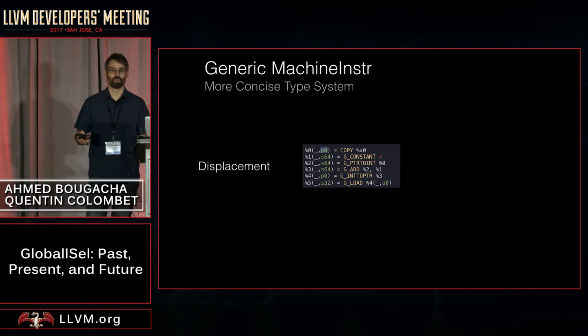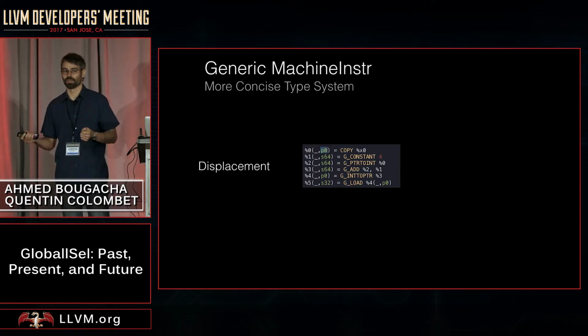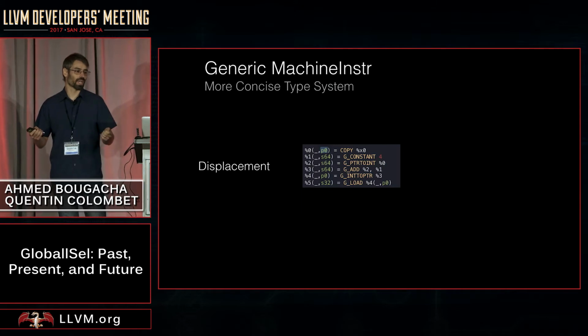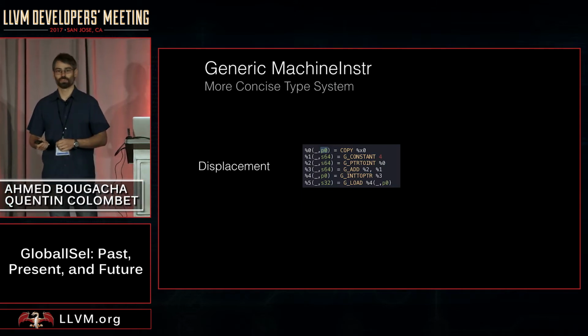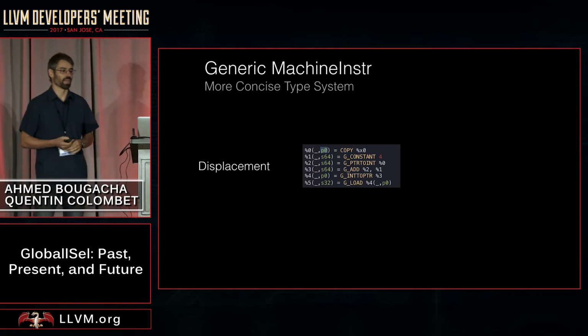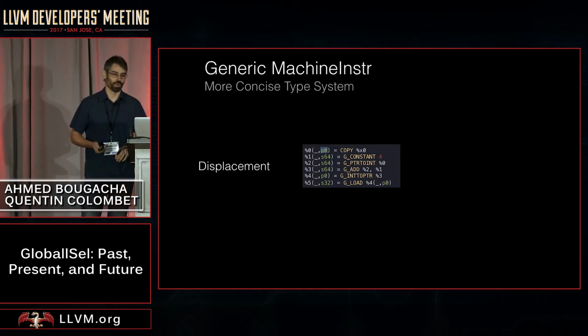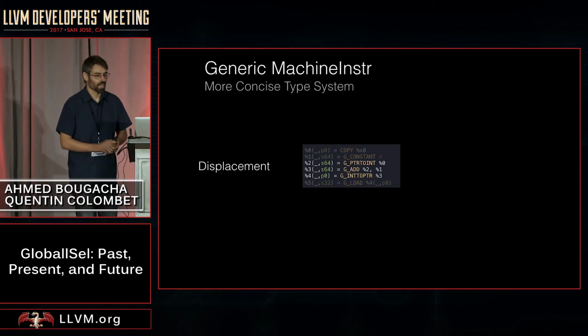Here we have a pointer on address space 0. P means pointer and 0 means address space 0. You have other types in this example like S64, which means scalar of size 64-bit, and S32, which are scalars of size 32-bit. It's pretty straightforward. Let's go back to the example and focus on this pointer displacement.